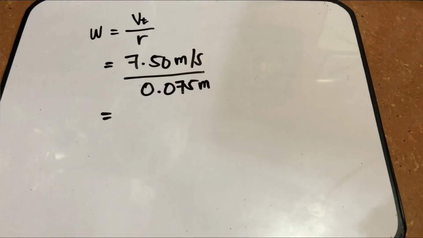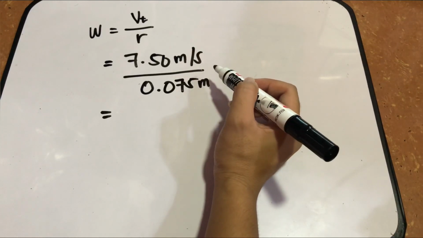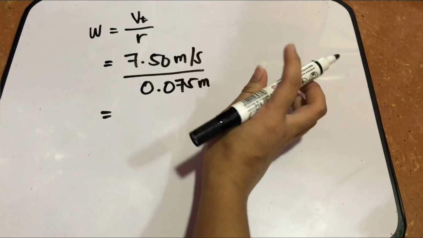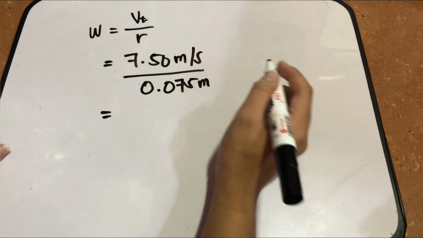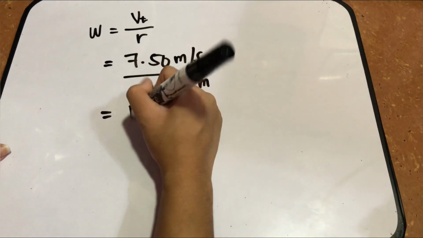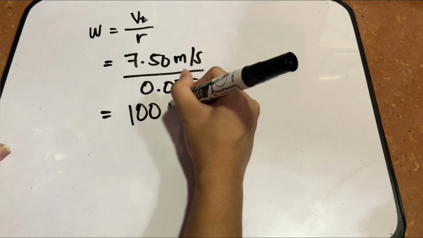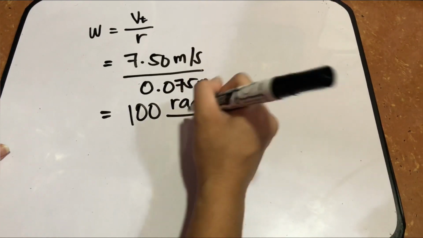So, kay duha man ang iyahang meter, pasabot pa mahimo na ni siyang radians. So ang answer man ato kay 100 radians per second.